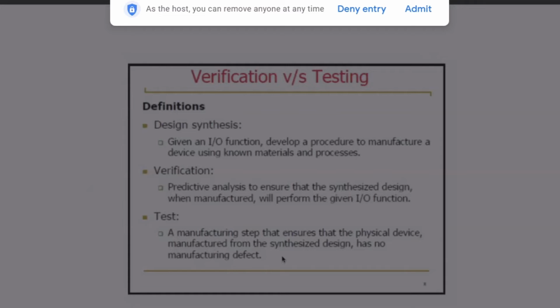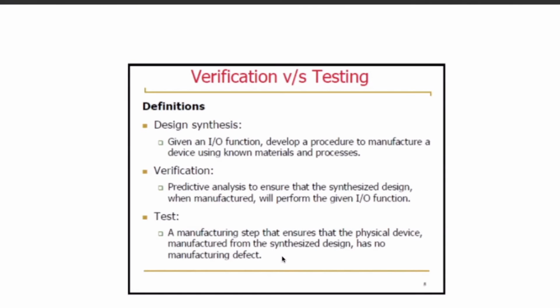So verification is related to testing the functionality of the design, that it is not deviating on the functionalities if we are giving different inputs, like for some outliers, it is not changing its behavior. That is verification, and testing is about analyzing the defects of the design.